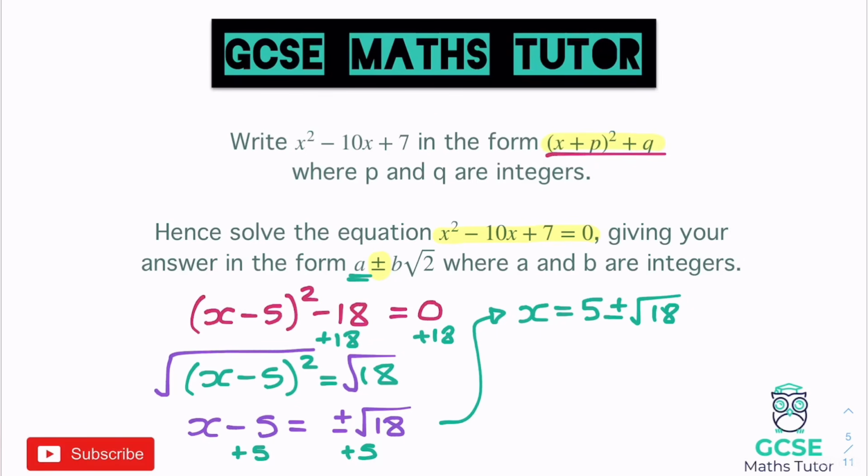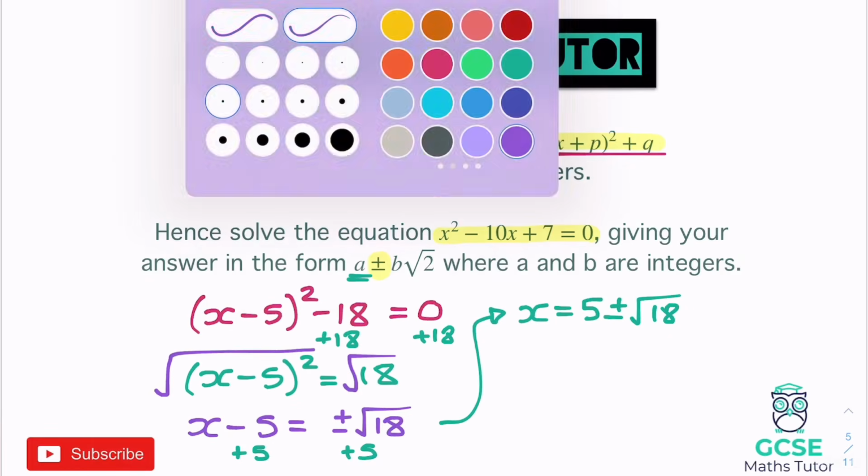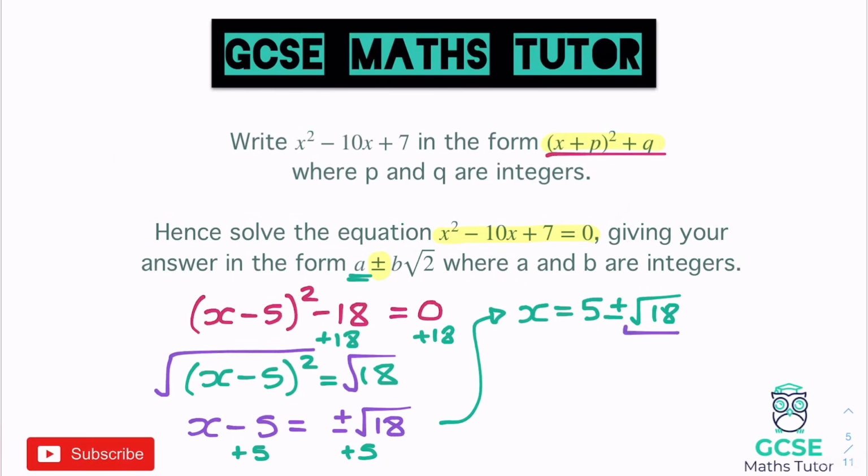But it says to give your answer in the form a plus and minus b root 2. And that's because the surd there, the root 18, simplifies. So root 18, if we have a think, what square numbers go into that? 9 goes into it. So root 18 can also be written as the square root of 9 multiplied by the square root of 2. The square root of 9 is 3, so that is 3 root 2.